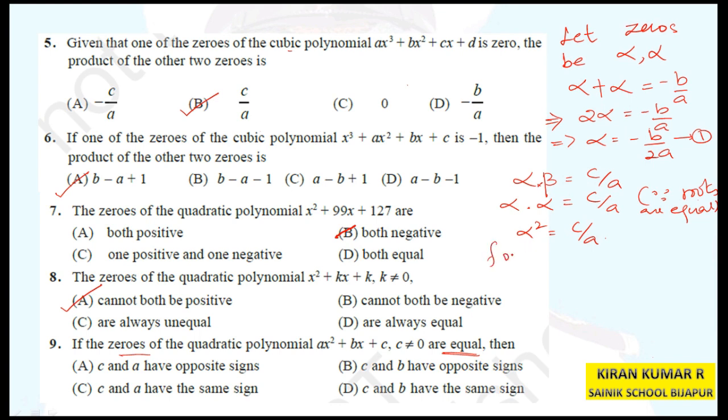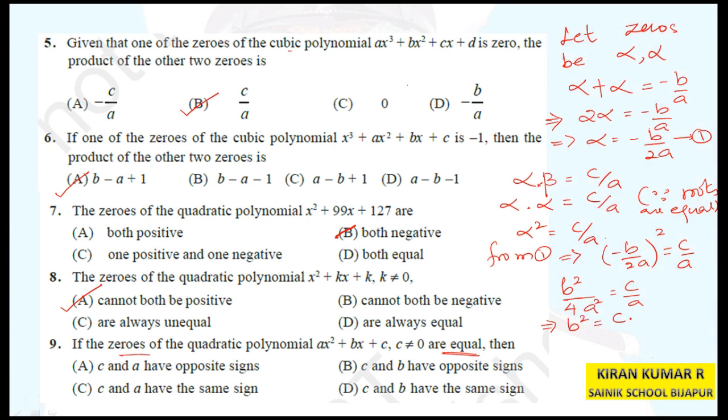From equation 1 we can substitute the value of alpha as minus b by 2a. So minus b by 2a whole square equal to c by a. Now when you square this, we get b square upon 4a square, which is equal to c by a. What will be b square from this equation?